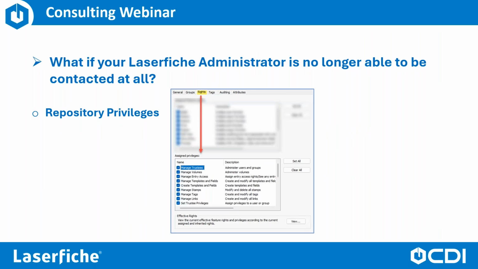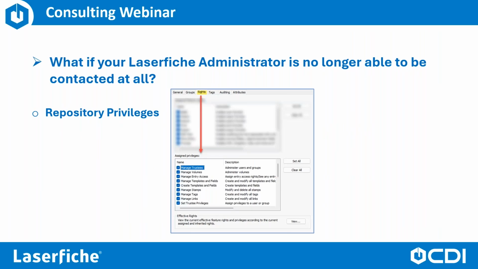These are found in the admin console on the account of that user, whether it be Windows or a repository user. They should be assigned, if they are going to be a true administrator and backing up the main admin, they should have these privileges assigned. And that could be anywhere from creating templates and fields to creating users and managing entry access.